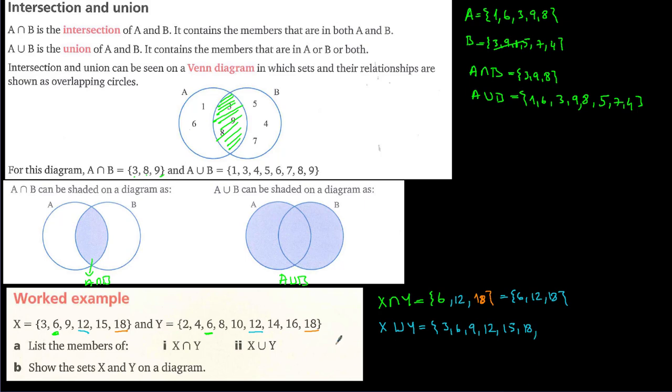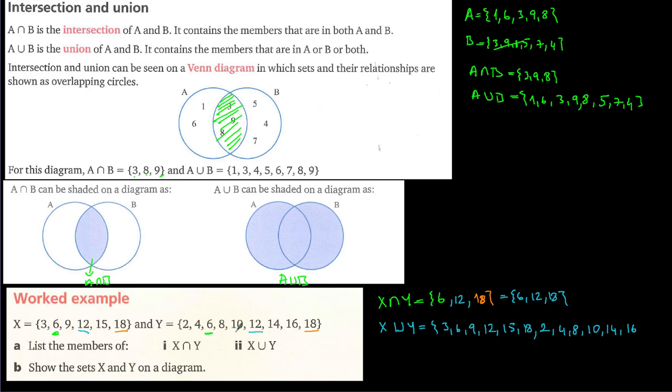Then I should continue with the elements of Y. Is 2 in the set? Yes, 2. Then 4. Actually, I underlined the common elements, so I'm not going to write them. The rest of them, I'm going to write 2, 4, 8, 10, 14, and 16.